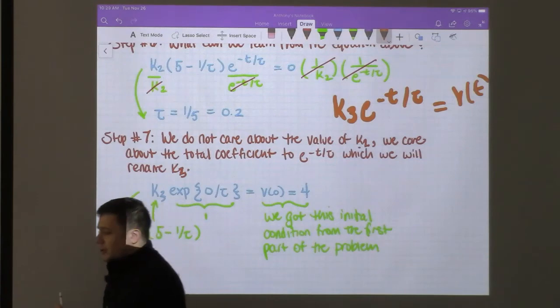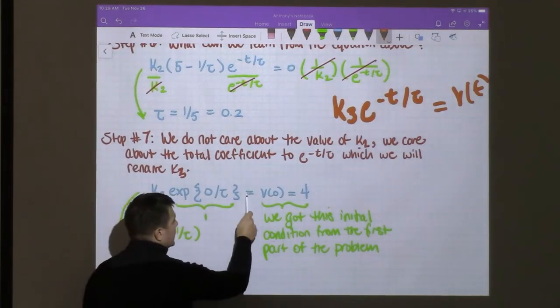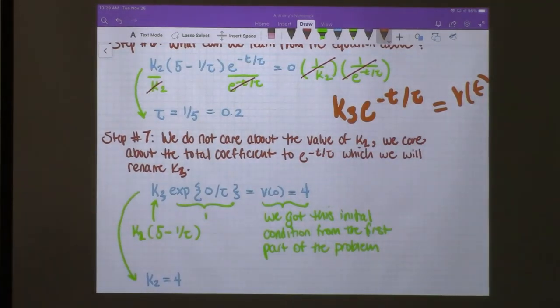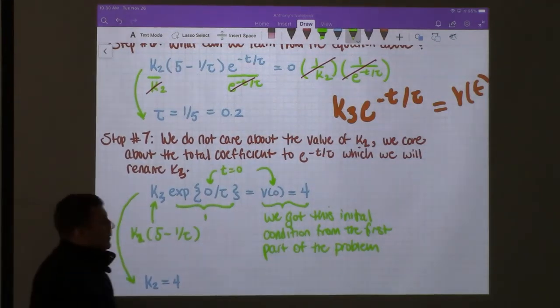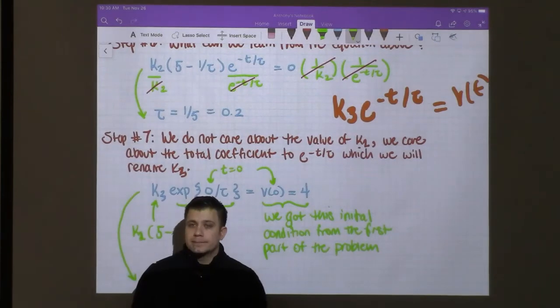So we're going to use our initial condition. We know that K3 times e to the negative t over tau equals the initial condition, because we substituted in 0 there. Both of these are zeros. And that value we found in the very beginning was equal to 4.